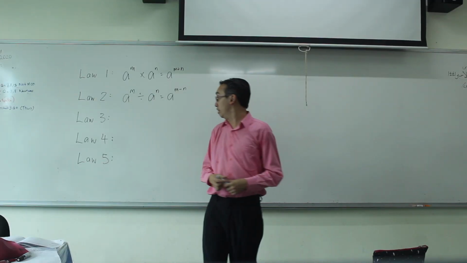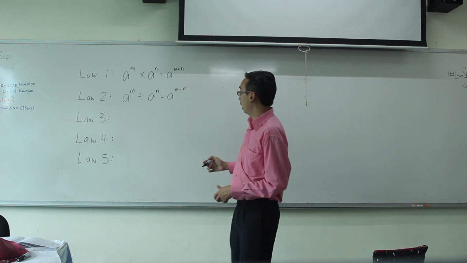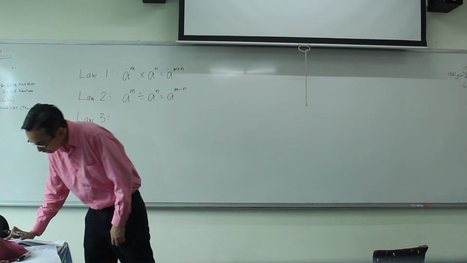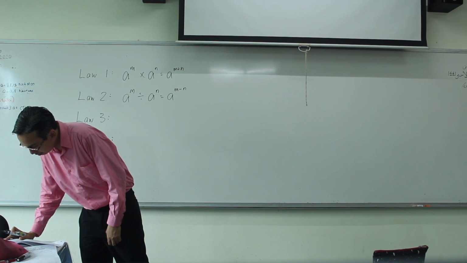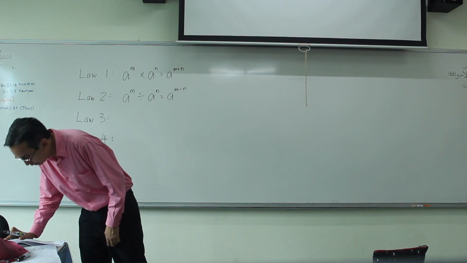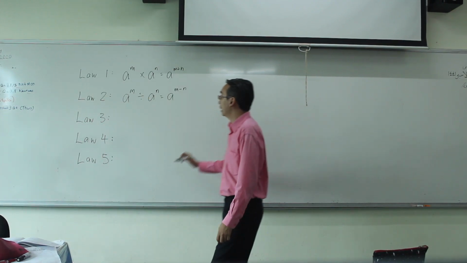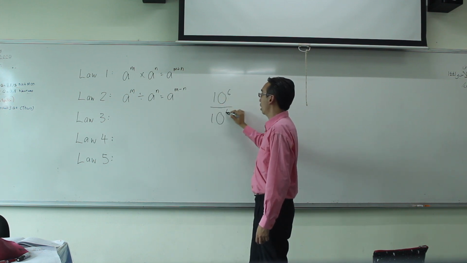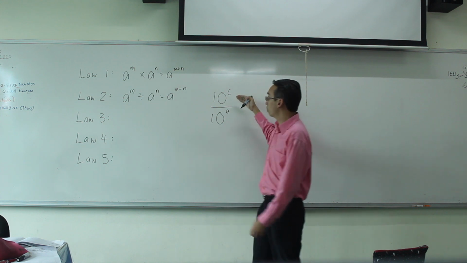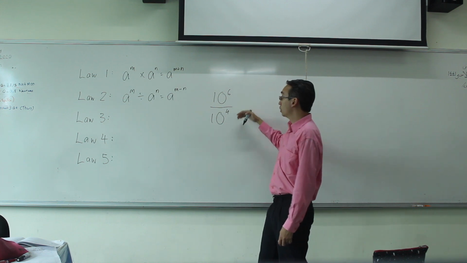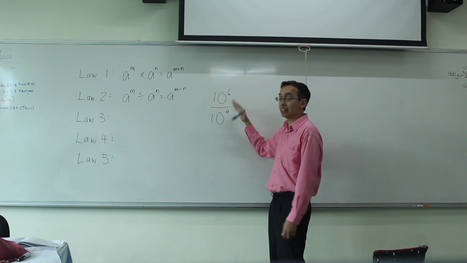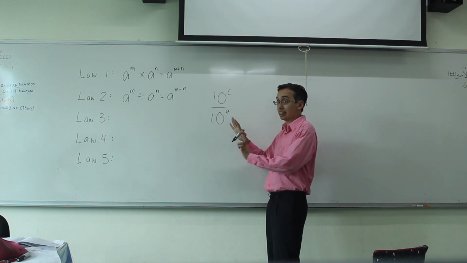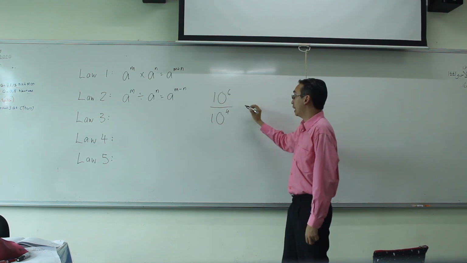For the investigation, let's look at the second question: 10 to the power of 6 divided by 10 to the power of 4. Divide, you can also write as a fraction, and there's a reason why we write it as a fraction: it helps us.